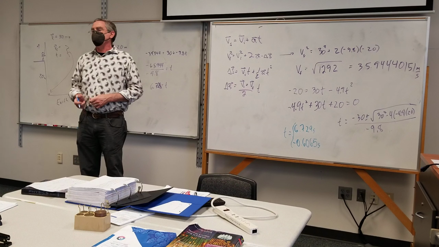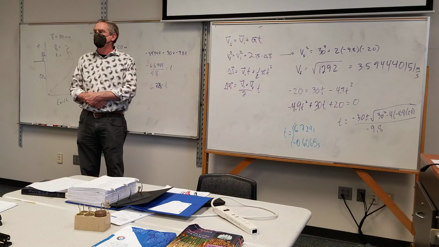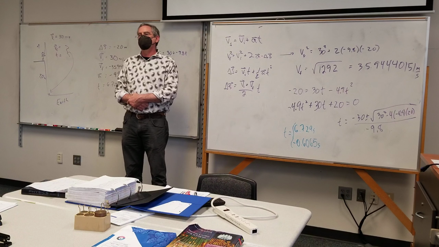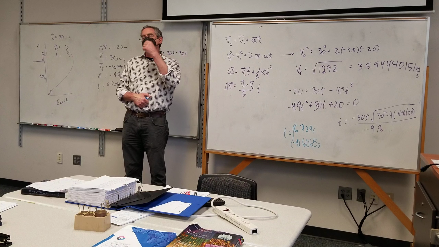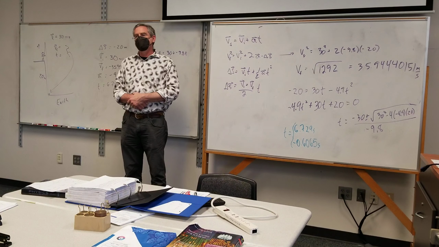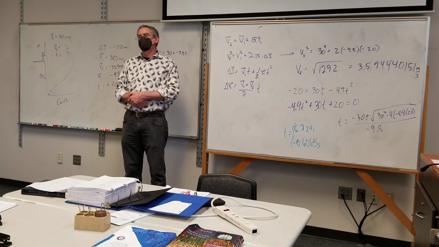What does that negative answer mean? I want to say that it's the time it takes the ball from the guy's hand to reach its peak, which probably isn't it.